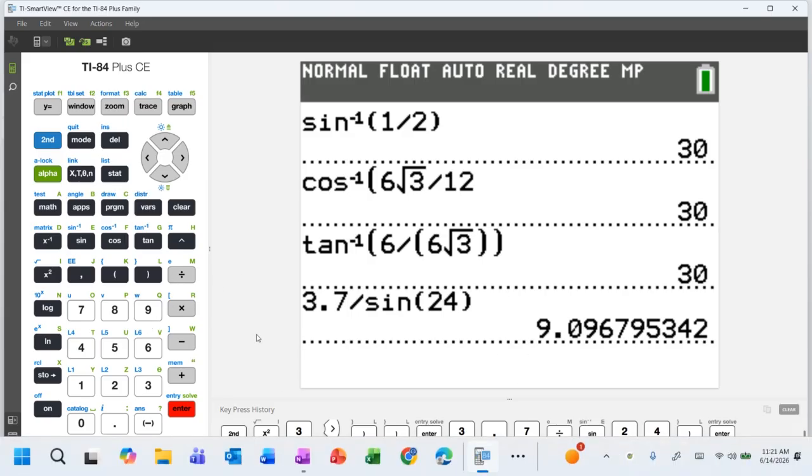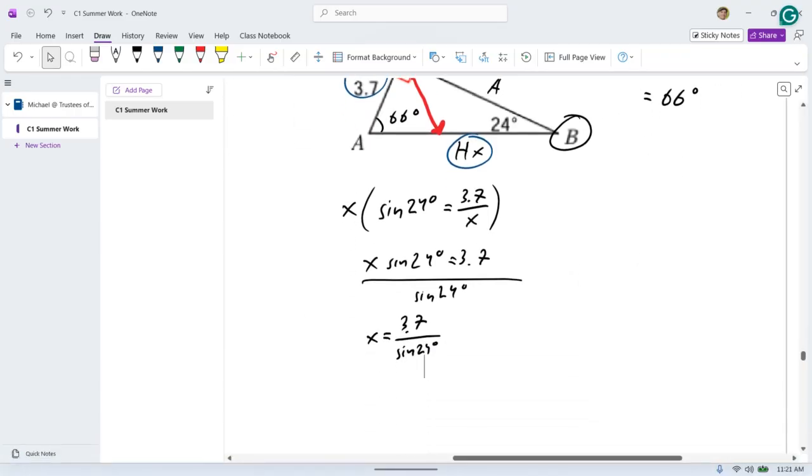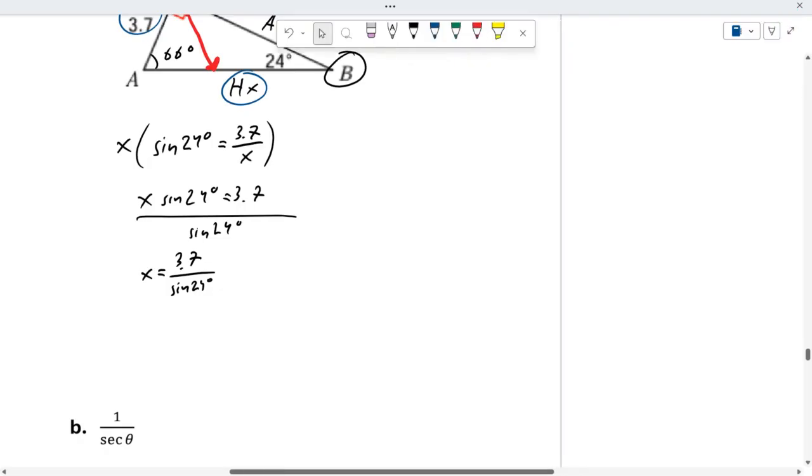So what we end up getting is approximately 9.1. And that's my hypotenuse.